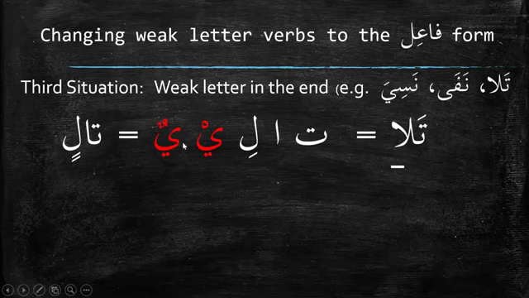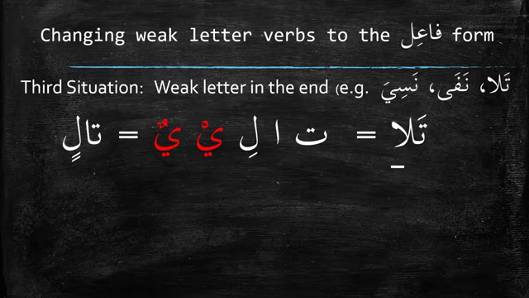We drop the ya here because there were two things that the ya was trying to do, and each one, it's supposed to do. It's supposed to elongate a kasra, and it's supposed to have two dammas because of the form. But we can't do both because we only have one ya.